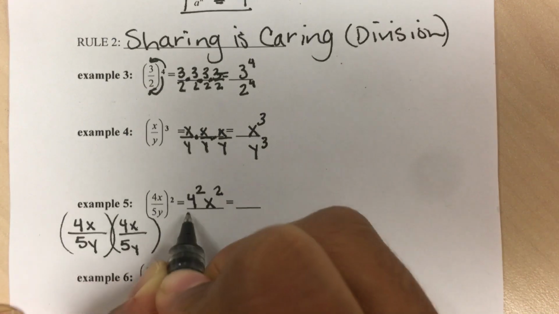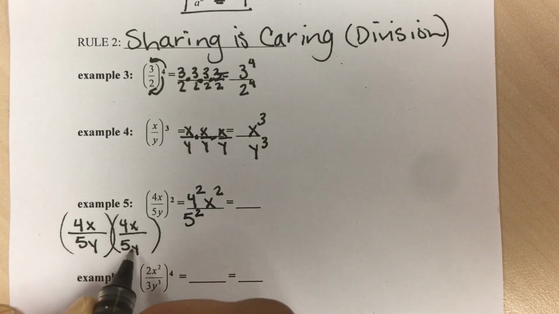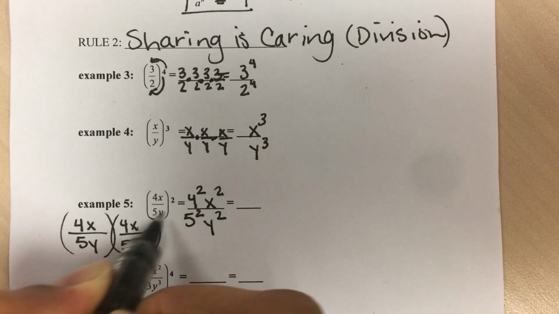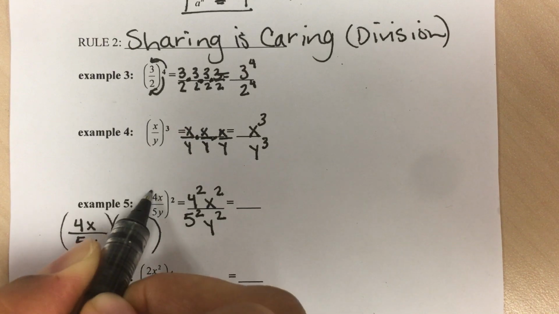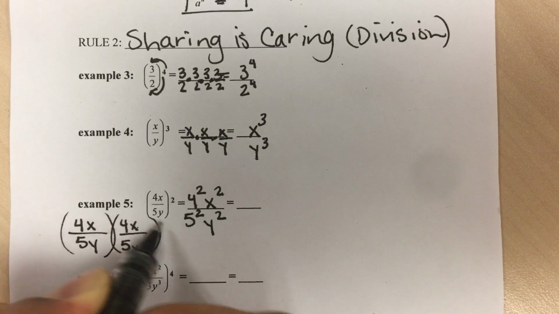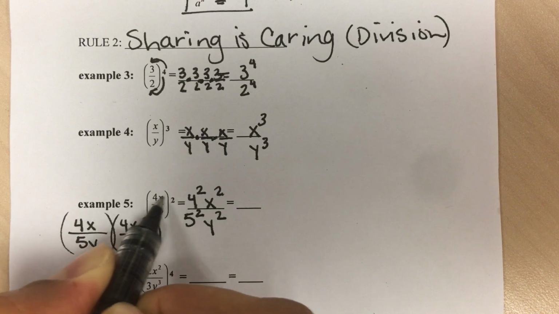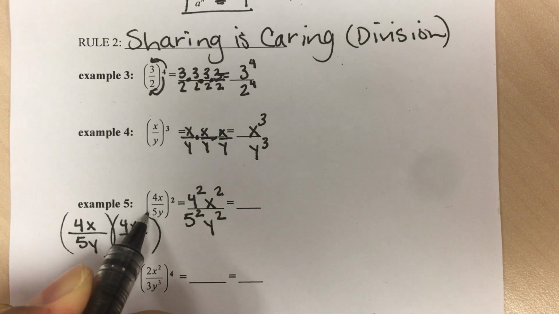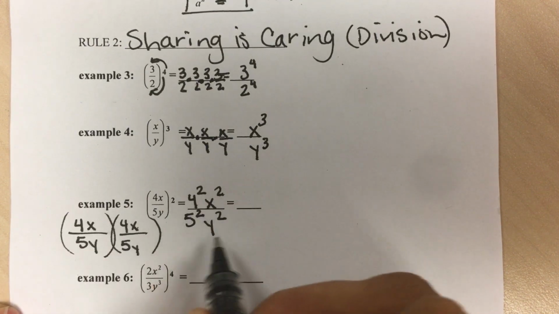How many 5s? And how many y's will I multiply? In other words, every single base inside the set of parentheses, whether it's on the top in the numerator or on the bottom in the denominator, every single base gets a 2. You get a 2, you get a 2, you get a 2. Everybody gets a 2. And that's what we end up with.